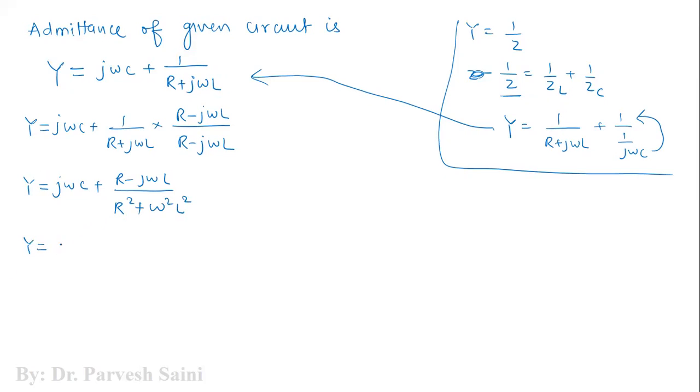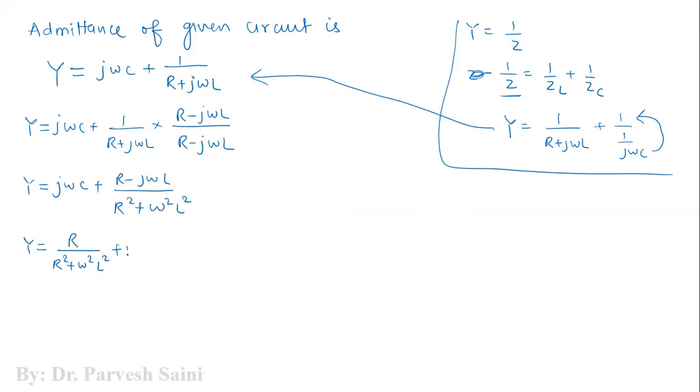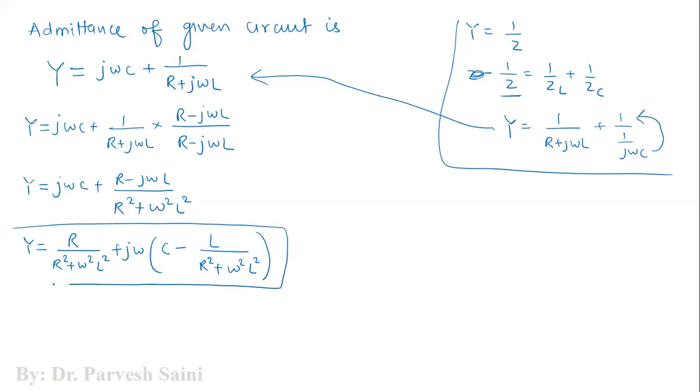So we will get Y is equal to the real part, and the imaginary part we will separate: R by R square plus omega square L square, plus j omega, and then we have C minus L by R square plus omega square L square. Now, this is the admittance of the given circuit. Now let us mark this as equation number 1.